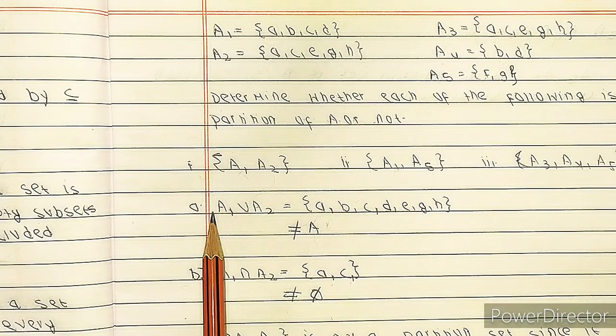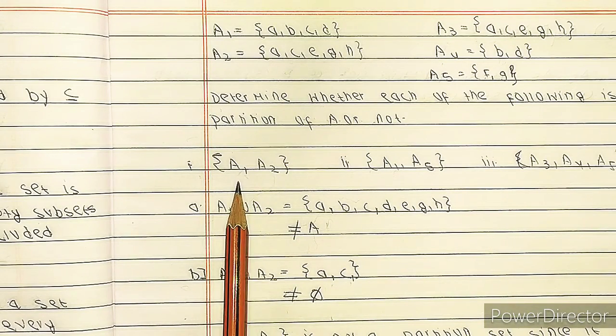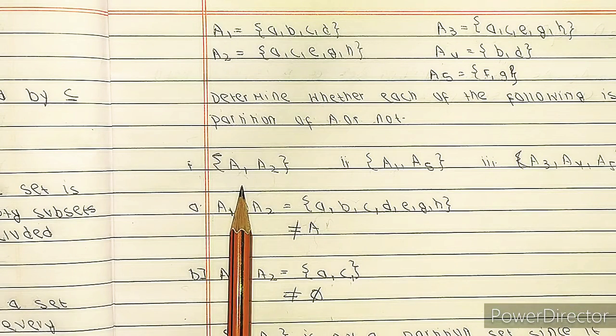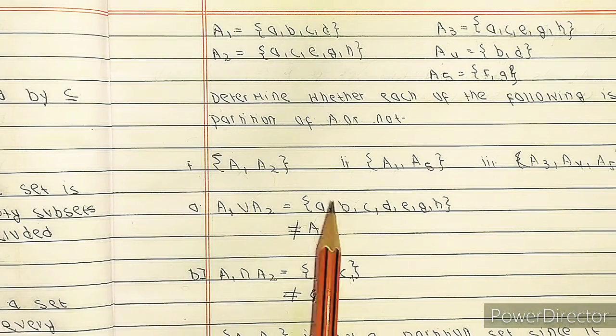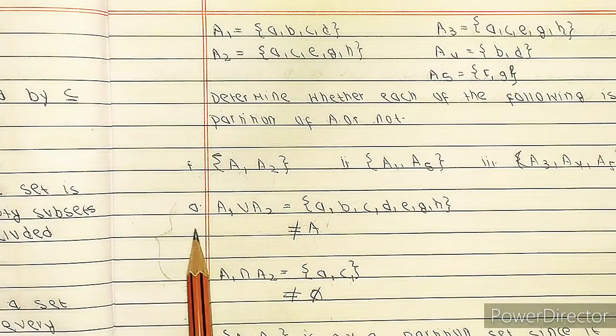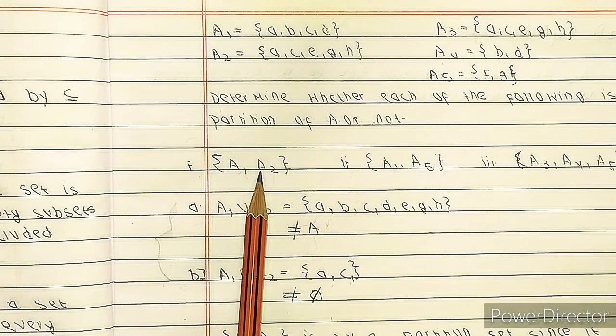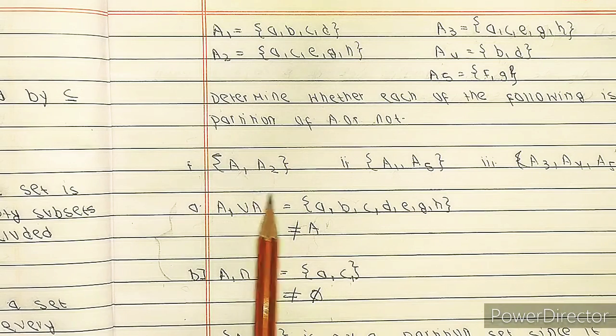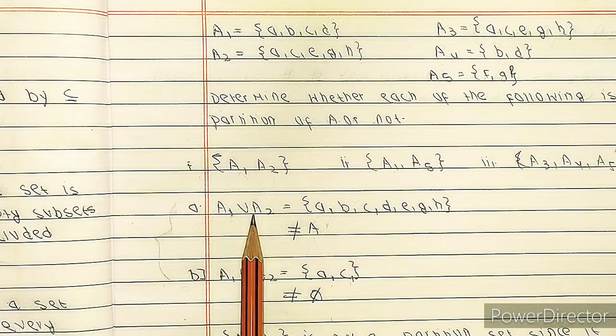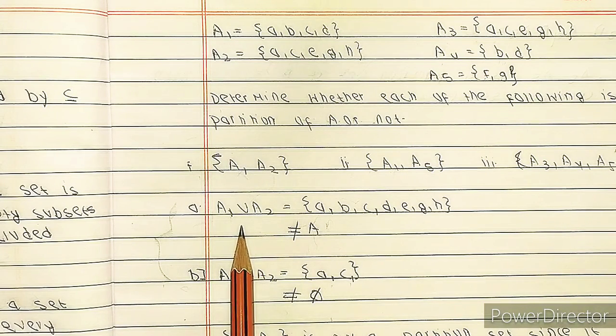So for A1, A2, the three conditions have to be checked. Condition number 1, which is mostly common, that the set should not contain the empty set, is true for all the cases. So these two conditions are the major ones. Number 1 is A1 union A2 should be equal to A, meaning A1 and A2 should be subsets of A and their union should contain the whole set.